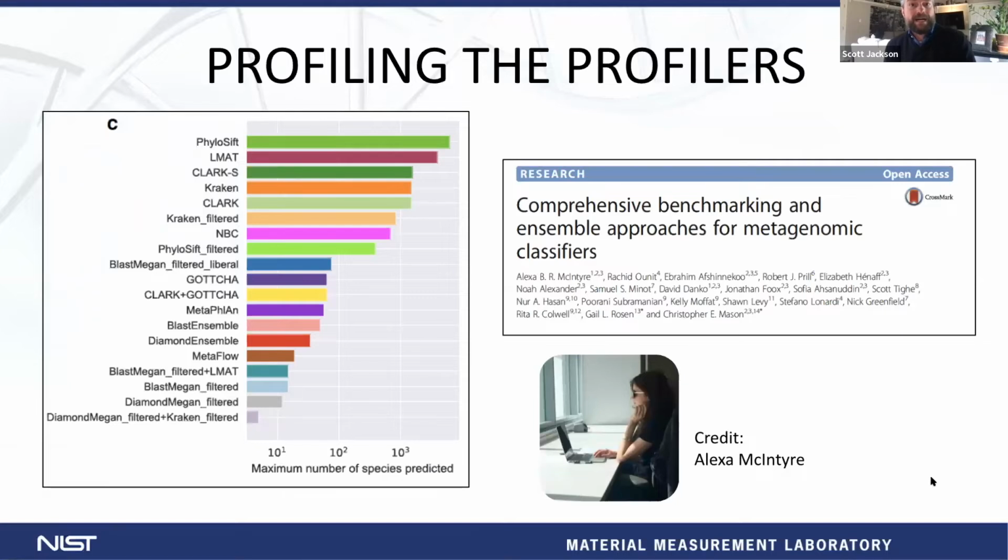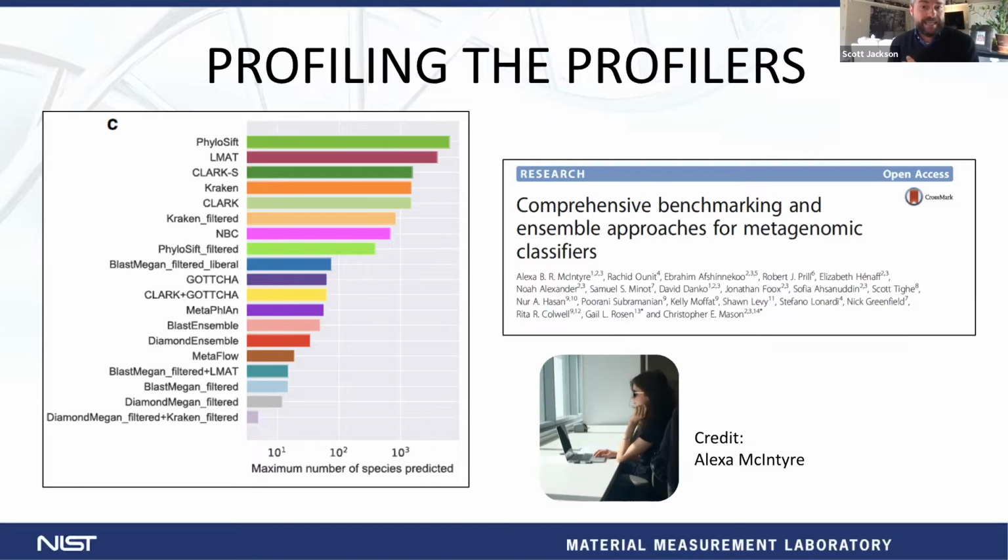One more study that I'll mention was done by Chris Mason's lab at Weill Cornell School of Medicine. This one was actually led by Alexa McIntyre, shown at the bottom there. This is a figure that I grabbed from their paper, and I grabbed it because it's quite alarming what they're showing here. So again, using one data set, they ran it through these 20 different profiling tools, and all they're showing here is the number of species that were detected using that tool.